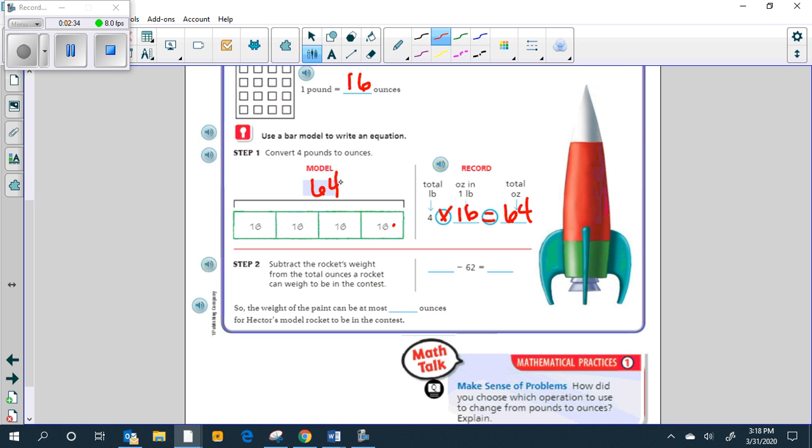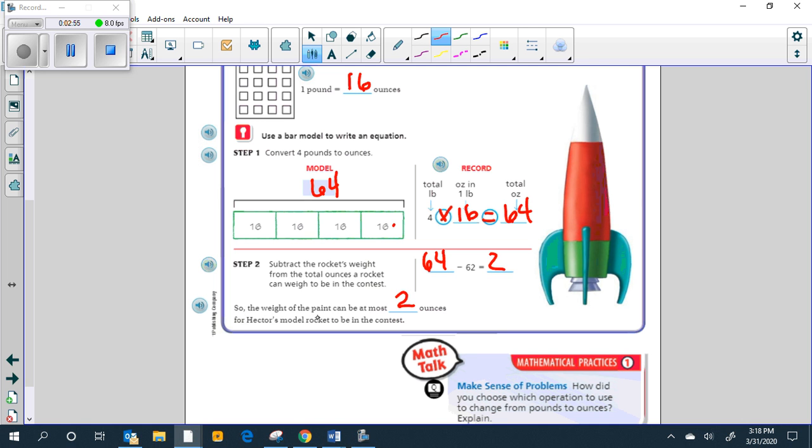Now we'll subtract the rocket's weight from the total ounces a rocket can weigh to be in the contest. Well, 64 ounces is the limit of the weight, minus the weight of the rocket right now, which is 62 ounces, means there are 2 ounces that he can use to paint.